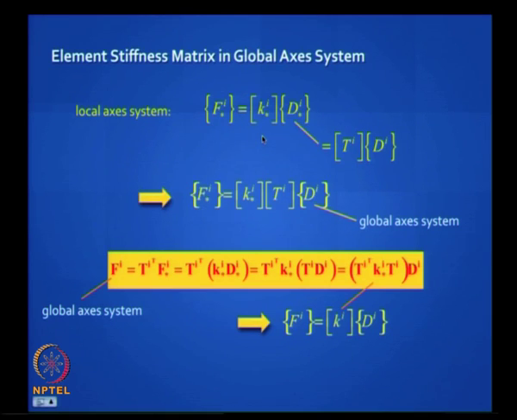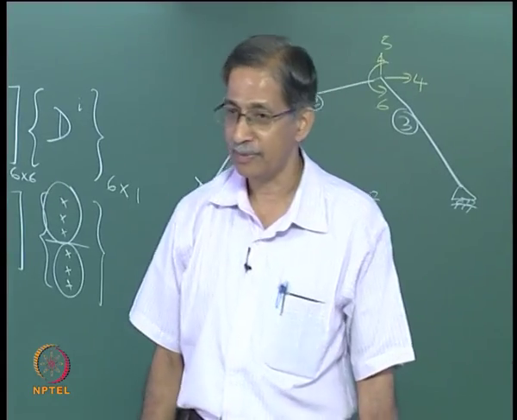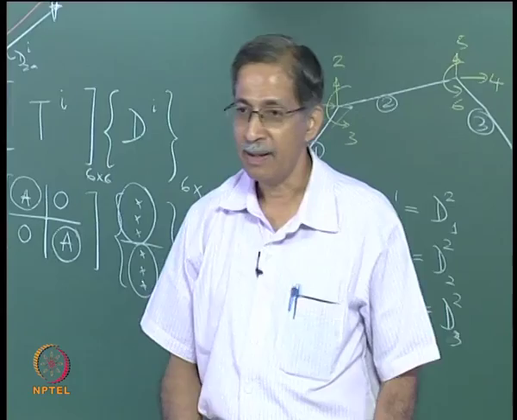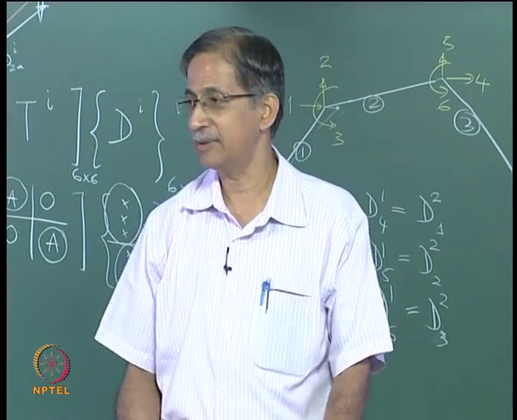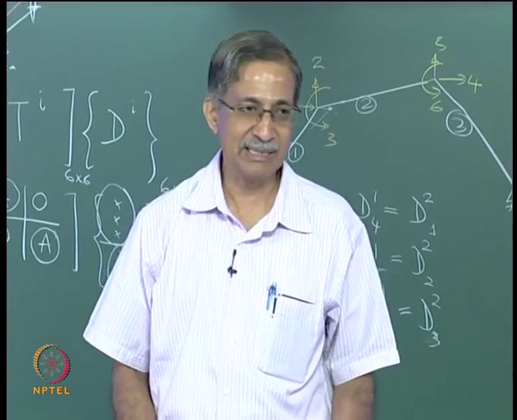Is this clear? Now look at this transformation. This transformation tells you this is definitely symmetric. So when you pre-multiply and post-multiply with the transpose of a matrix, you will end up with another symmetric matrix. Okay, so this is something that can be done effortlessly in the computer.